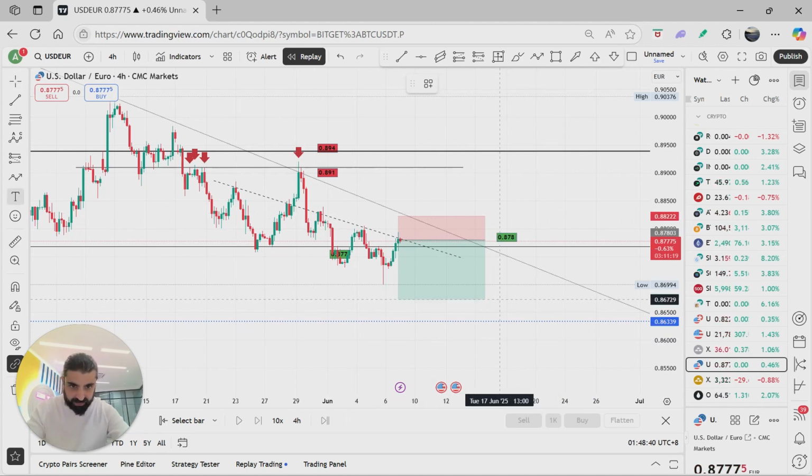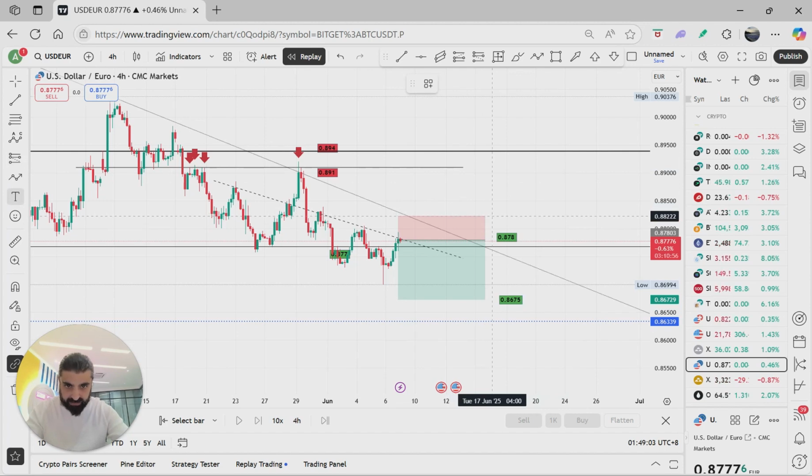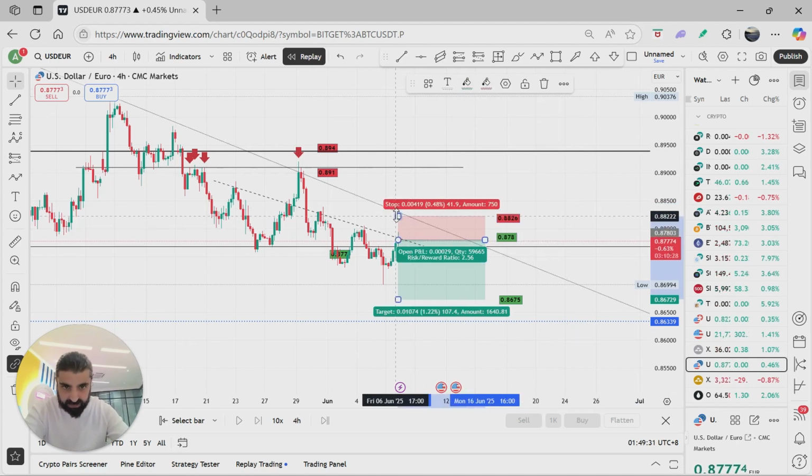Take profit is going to be at 0.8675, with a stop loss at 0.8826 is where your stop loss is going to be. Yep, somewhere around here.